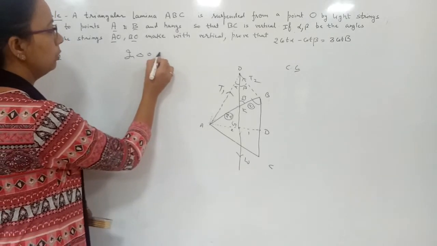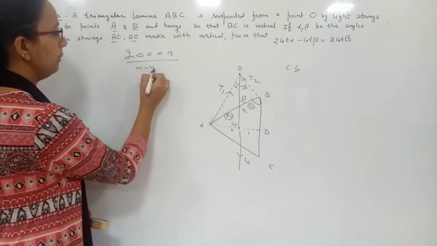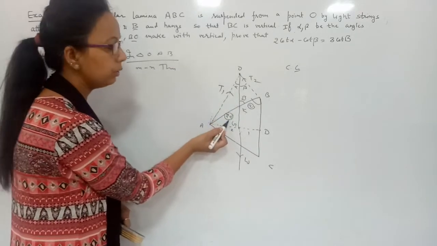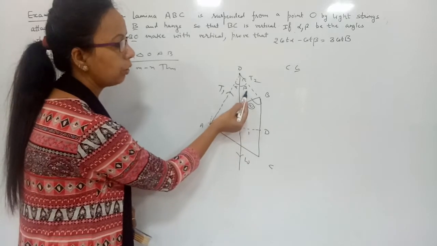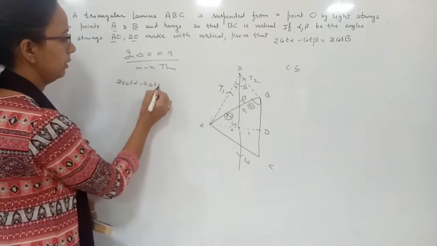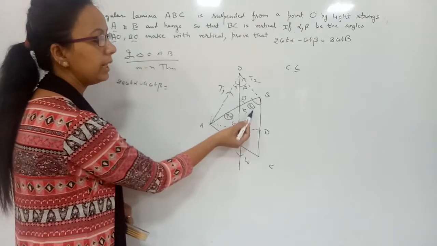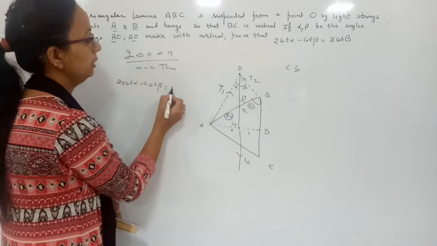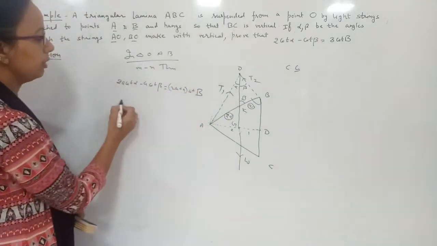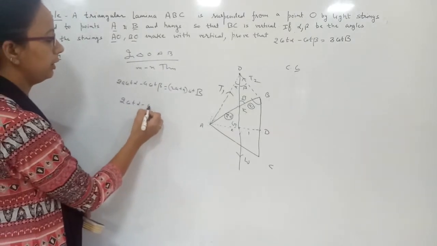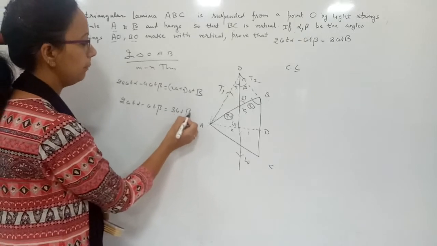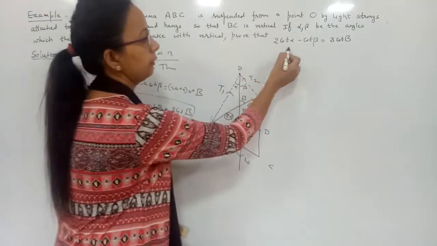In triangle OAB, 2a cot alpha minus a cot beta will be equal to 2a plus a cot B. The a cancels out, so we have 2 cot alpha minus cot beta is equal to (2 plus 1) cot B, that is 3 cot B, and this is the result which we have to prove.